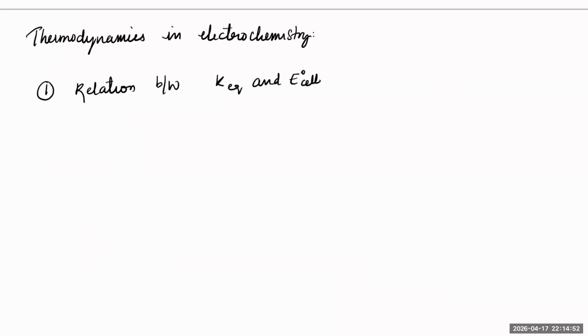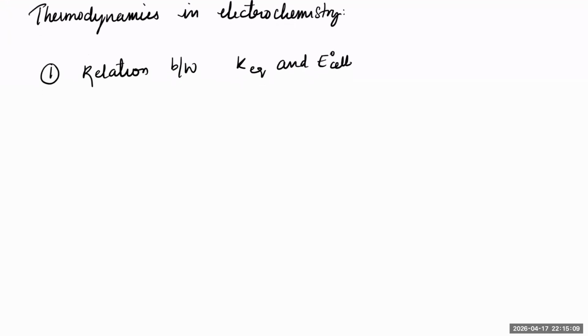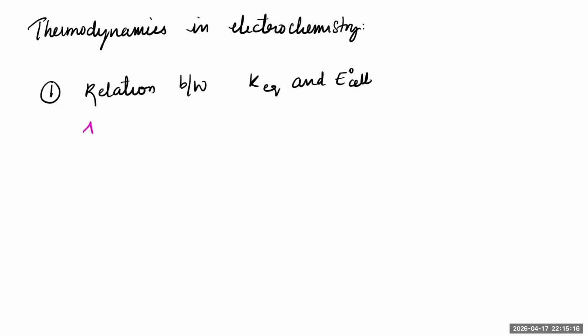Now, let us understand what is the thermodynamics that is related in this electrochemistry part here. Okay, so check this out. What is the relation between K equilibrium and E naught cell? We know that delta G naught at constant temperature and pressure will be equal to minus RT ln K equilibrium.